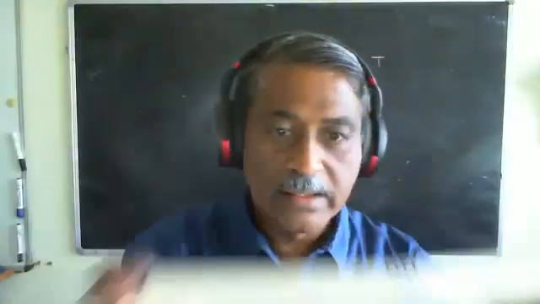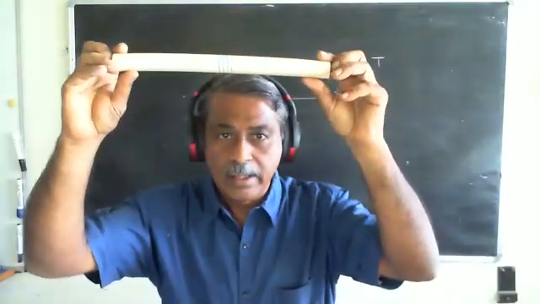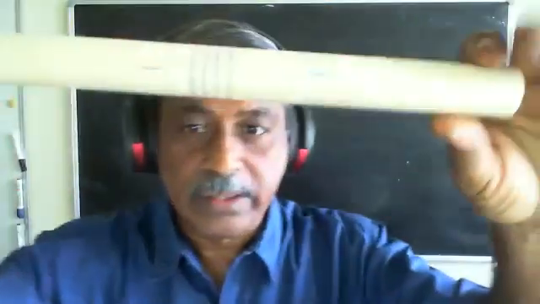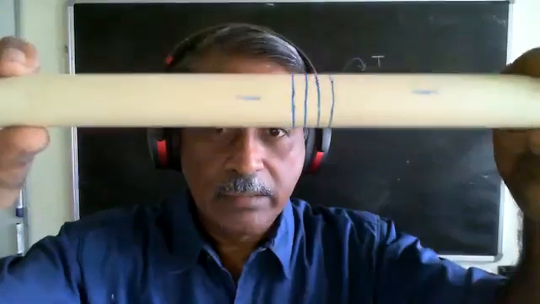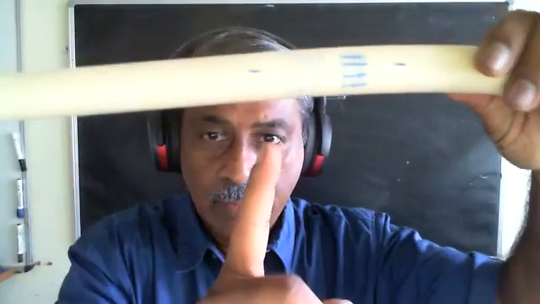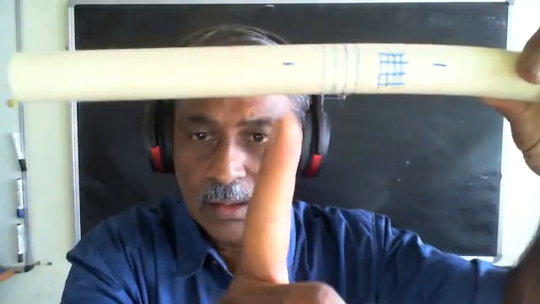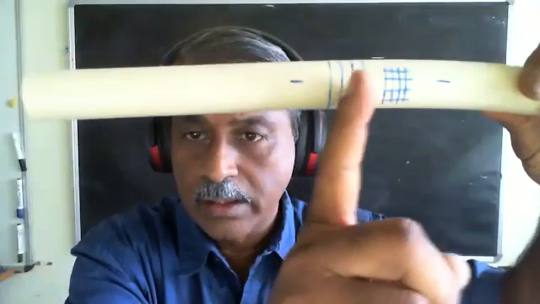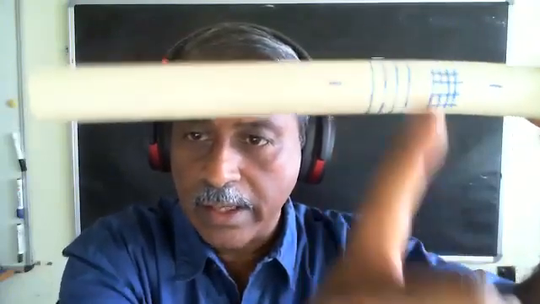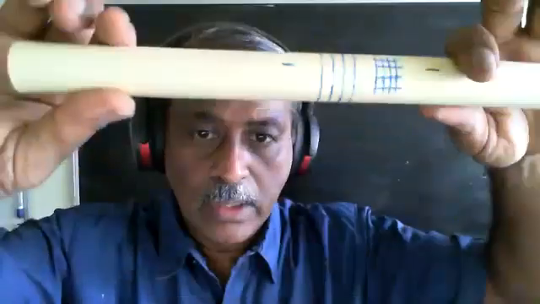This is the shaft I have, and this shaft I'm going to now twist. I've drawn a grid over here, and lines that are cross-sectional lines, circular lines across the cross section. So now I'm going to twist.